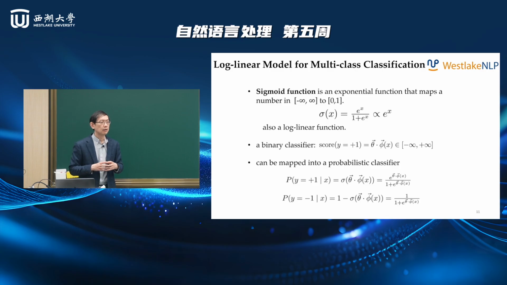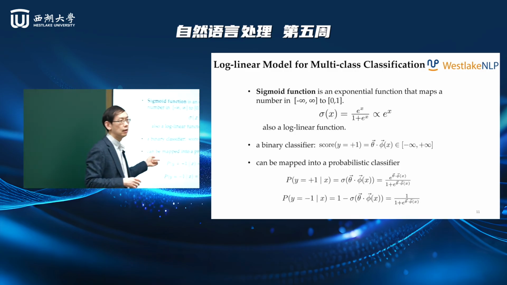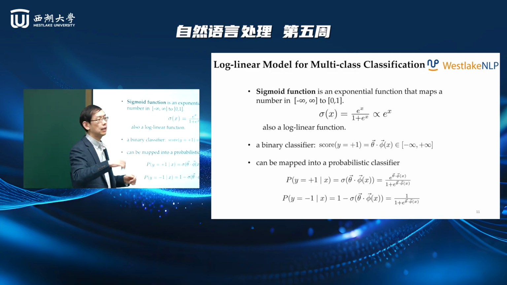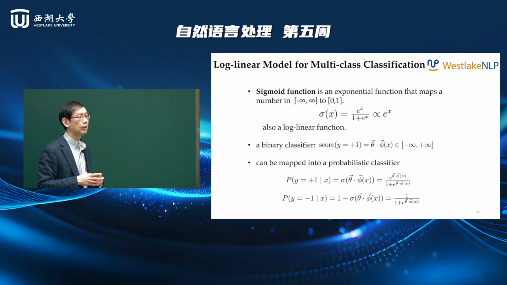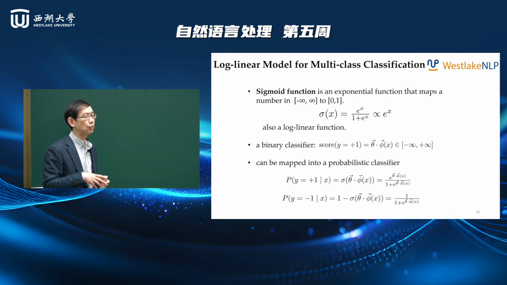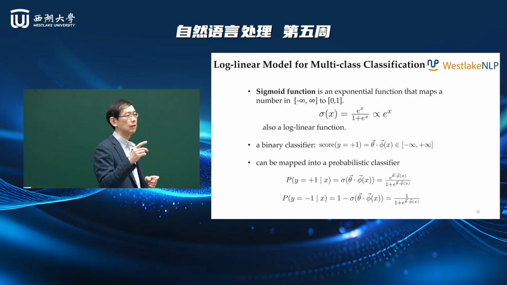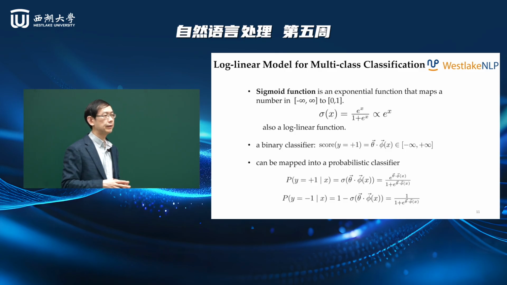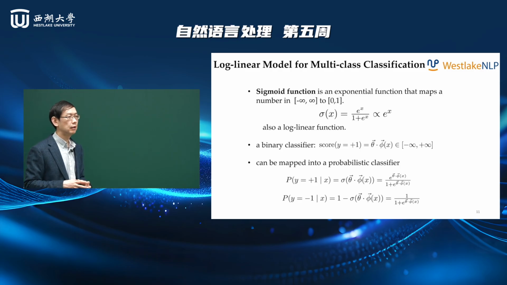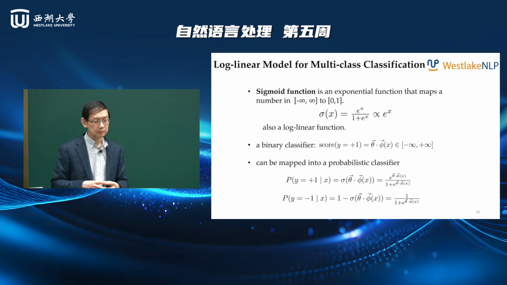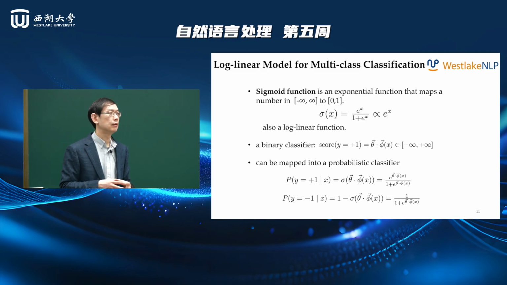So we take the probability of y equals positive 1 as sigmoid of theta dot phi x. As a result, the probability of y equals minus 1 is 1 minus sigmoid of theta dot phi x. So this is the version for binary classification.